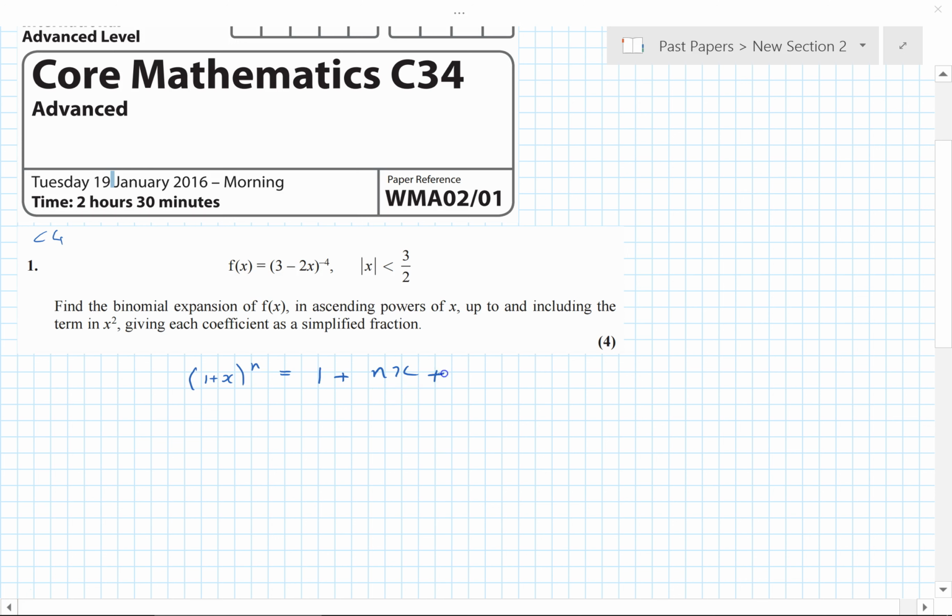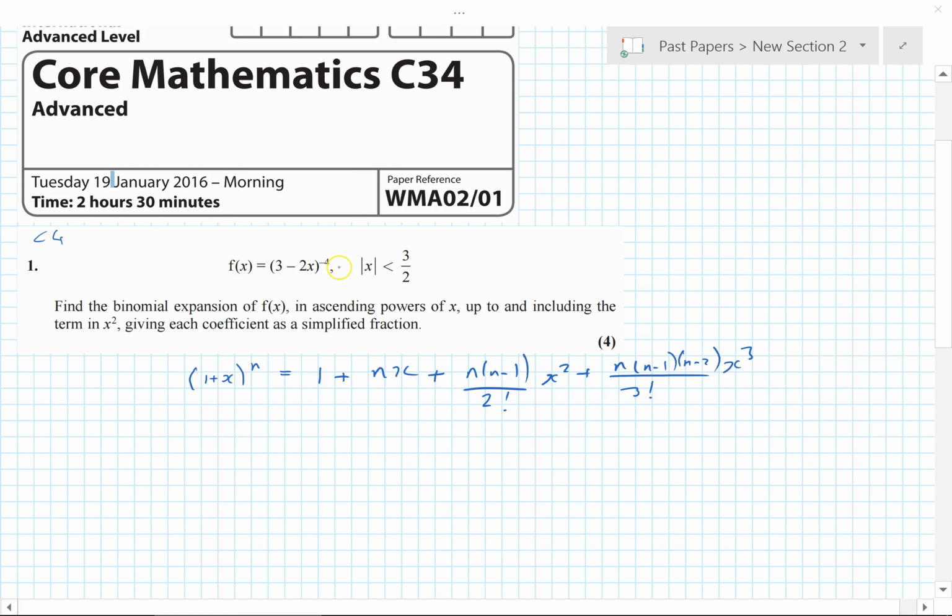Obviously 1 factorial is 1. Plus n(n minus 1) over 2 factorial x squared plus n(n minus 1)(n minus 2) over 3 factorial x cubed, and so on.